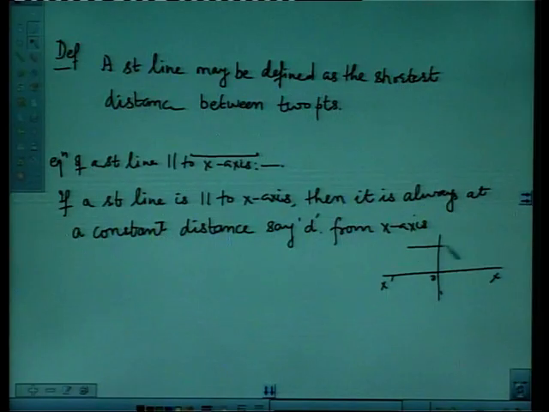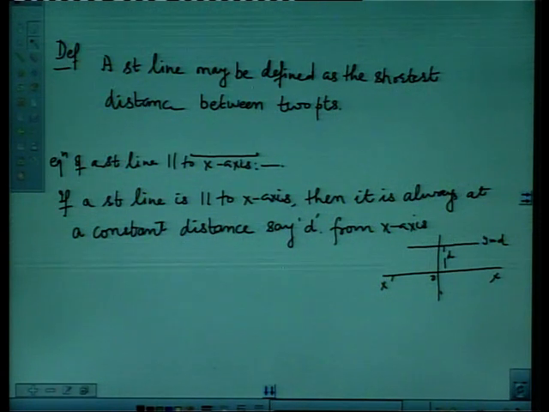and this line is parallel to x axis and let it be at distance d from x axis. d may be 1, 2, 3, 4, 5, whatever be the value of d, and it can be negative also.